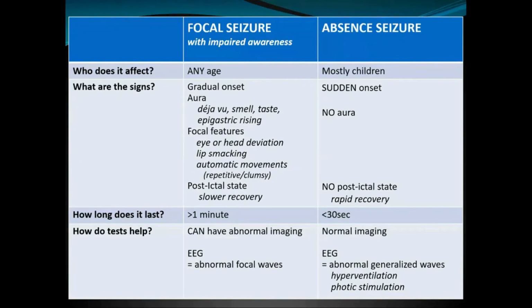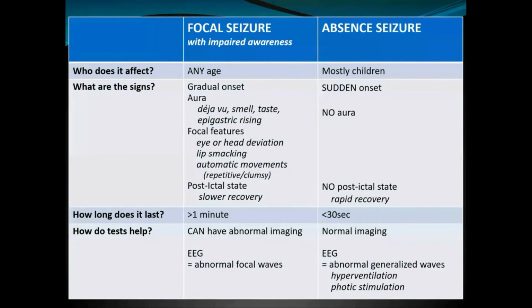And then sometimes people might notice that a person's eyes or head deviate or move to one side, and some automatic movements can occur. And then there's a loss of awareness during that period, and then a person takes at least several minutes, sometimes longer, to recover from this.